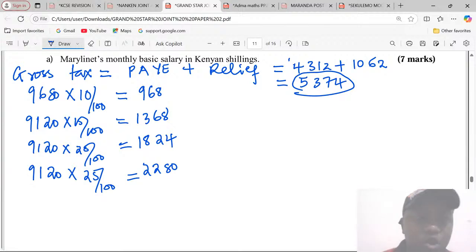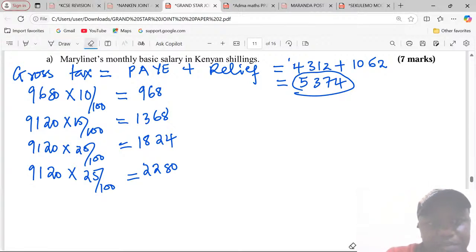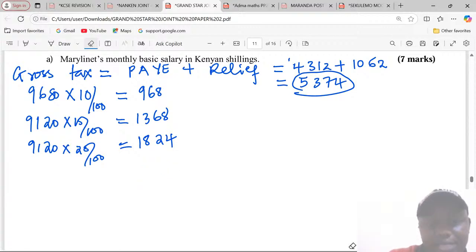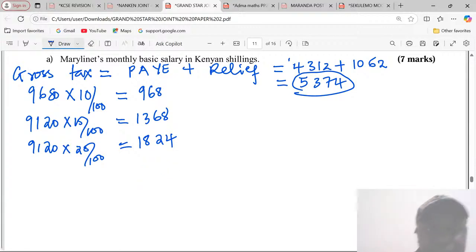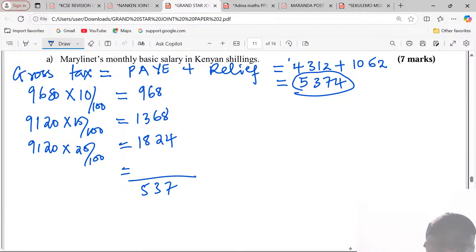And now that it has gone beyond what we are having, then it means in this bracket, we shall not tax everything there. We just need some little tax in this bracket such that the total becomes 5374.